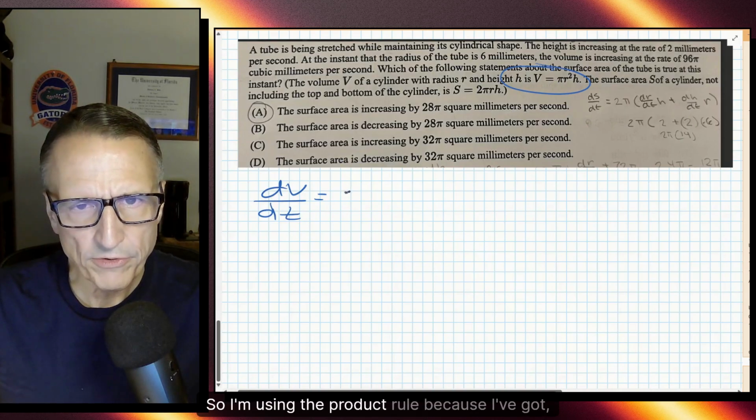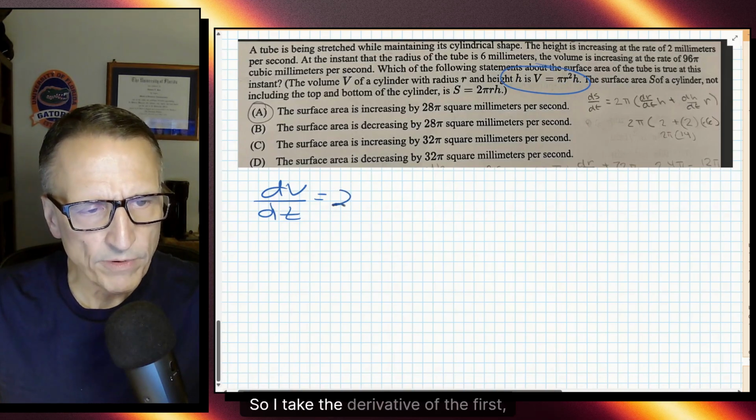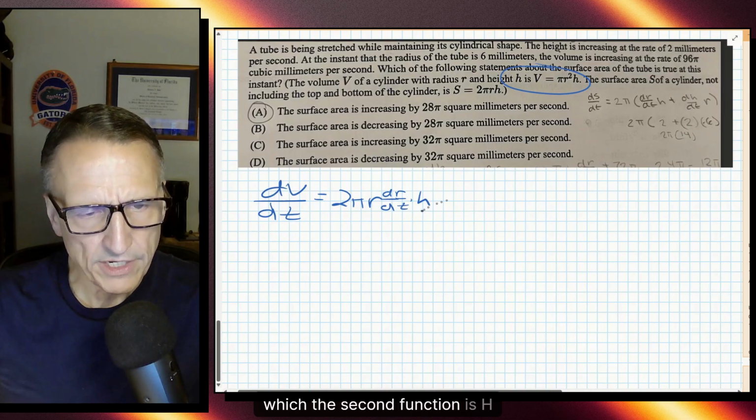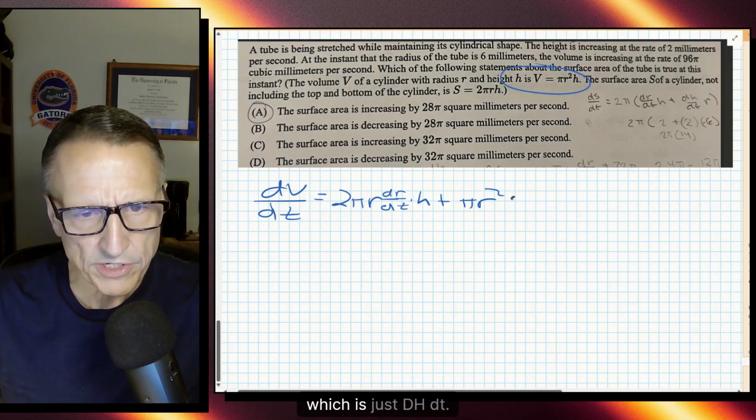I'm using the product rule because I've got pi r squared times h, two different variables. So I take the derivative of the first, which would be 2 pi r dr/dt, times the second, which is h, plus the first, pi r squared, times the derivative of the second, which is just dh/dt.